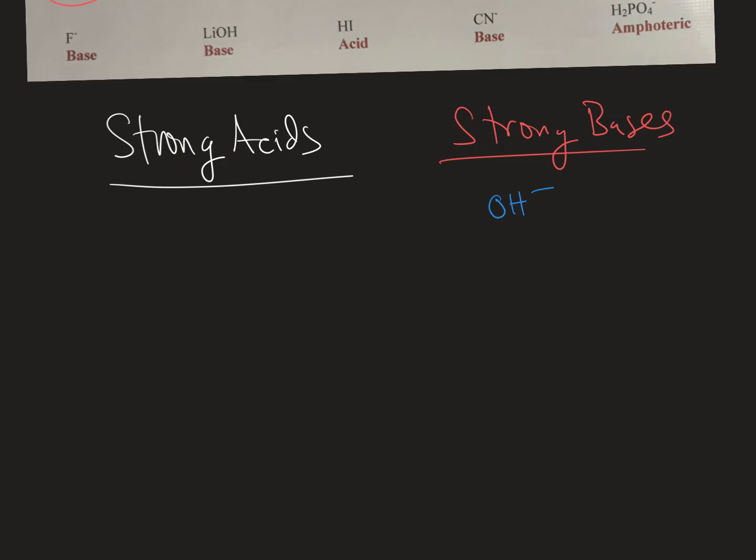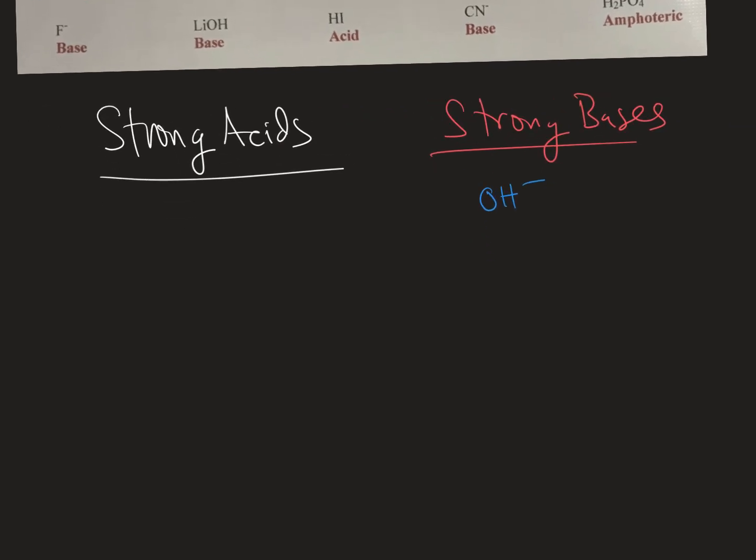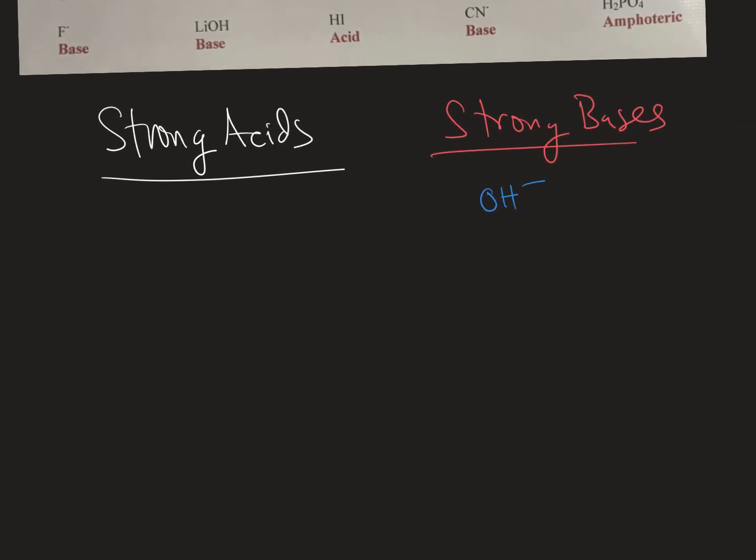We already learned that. When we have a neutralization reaction, we're dealing with a strong acid and a strong base. They completely neutralize one another. How does this happen? A strong acid and a strong base completely dissociate in water.